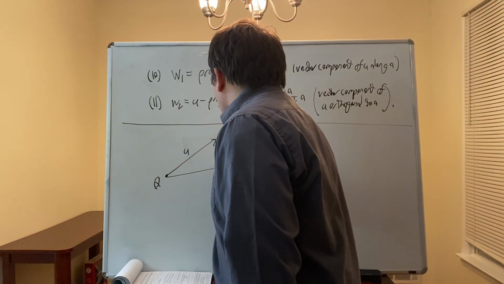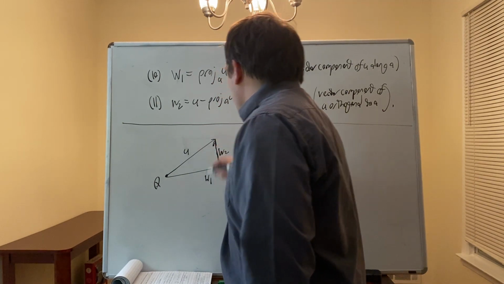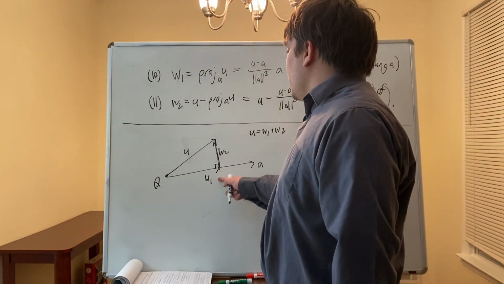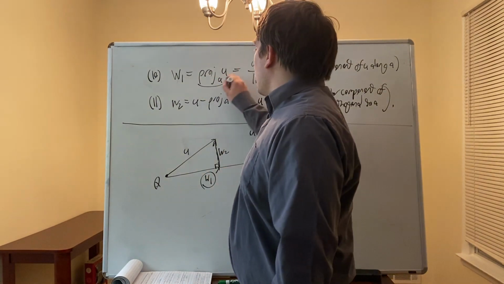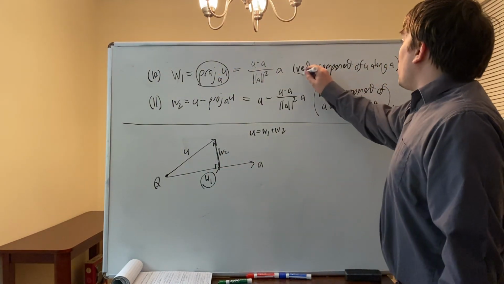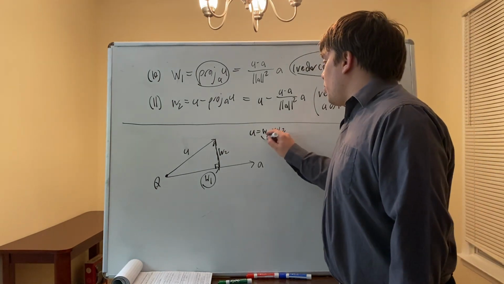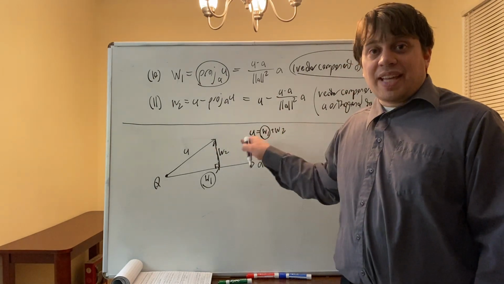When we draw the perpendicular here, we find w1, and then w2 is the thing you add to it to get u. This w1 is the projection of u along a. It's the vector component of u along a. The component of u means which one of the two vectors you add to get u.